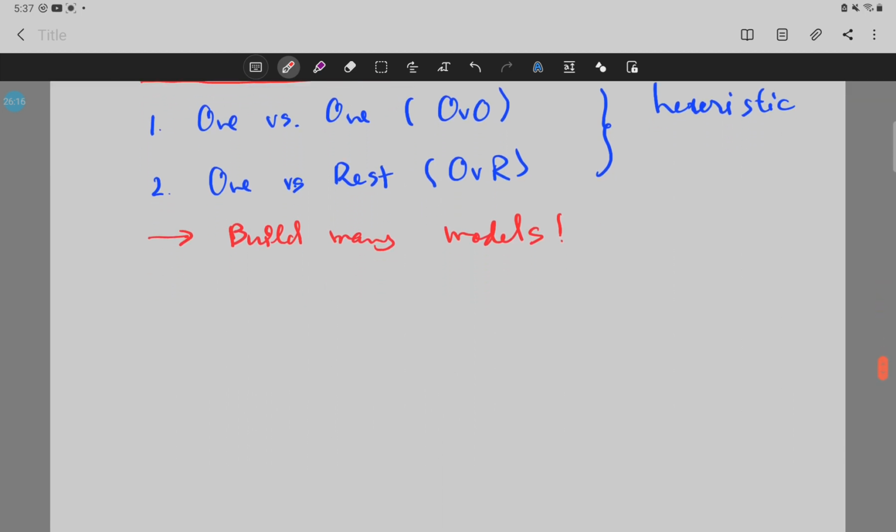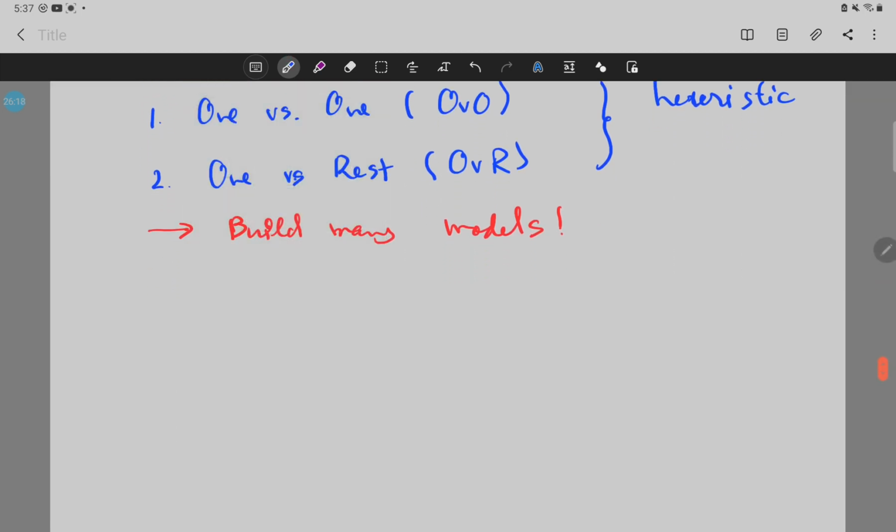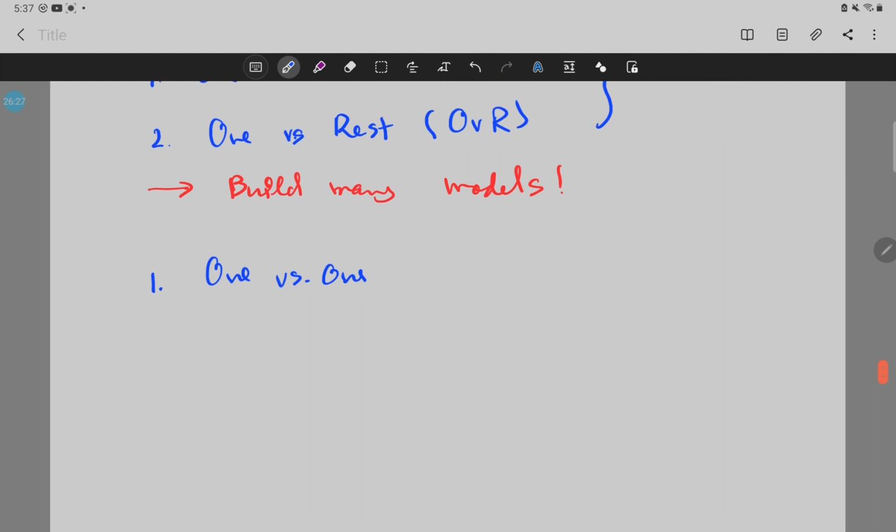For example, the first case is the OVO, or one versus one. When we say build many models, we mean that we build many binary classifiers.